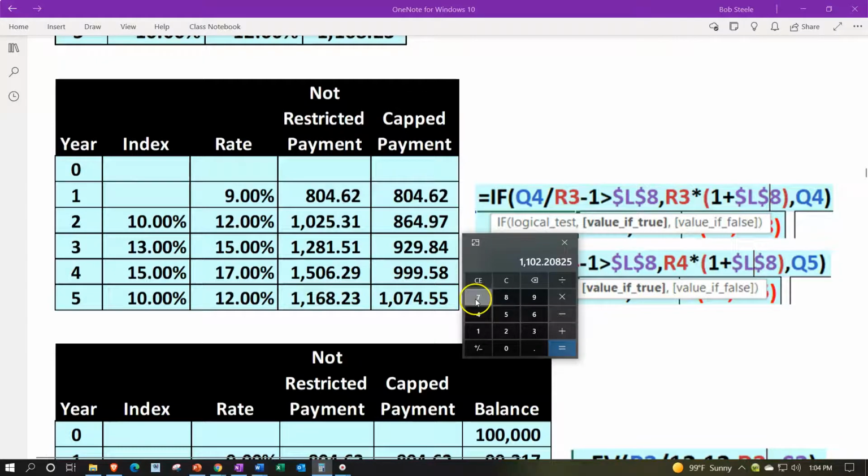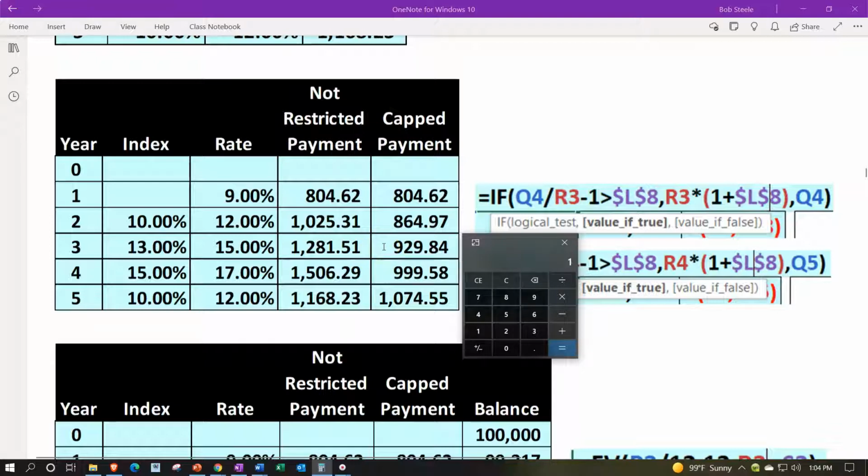Let's do that one more time. The second one was 864.97. This number times 1.075 brings us to 929.84, which is less than the 1,281.51. Therefore, we pick up that number.